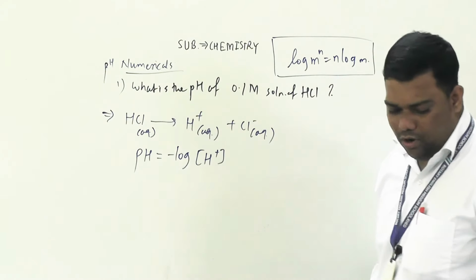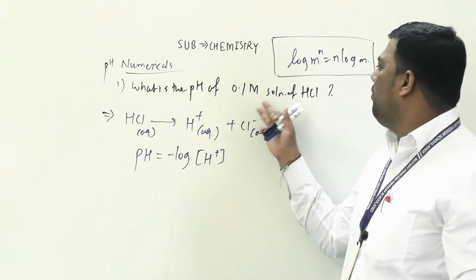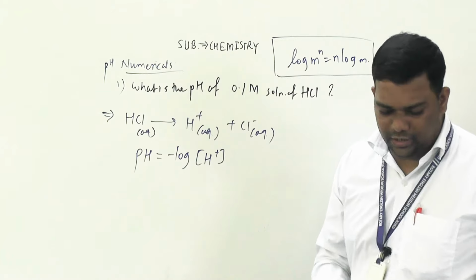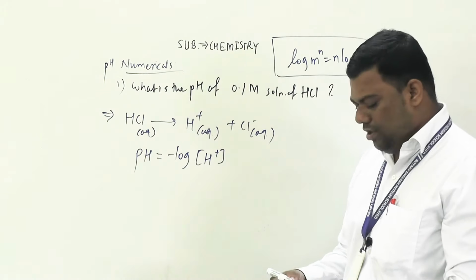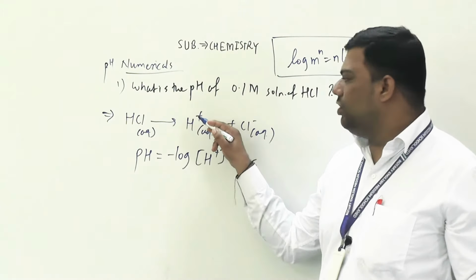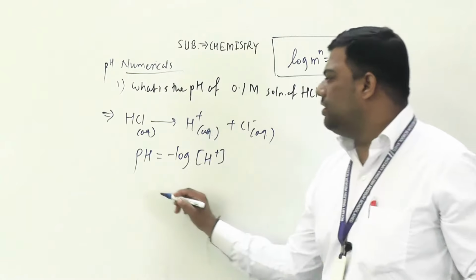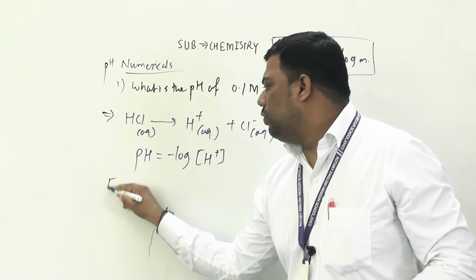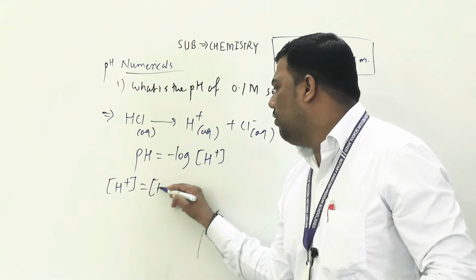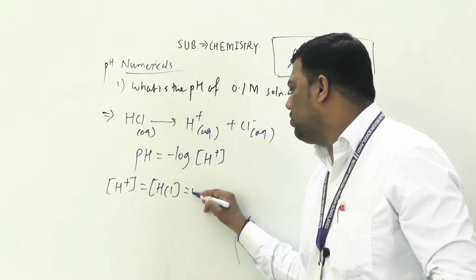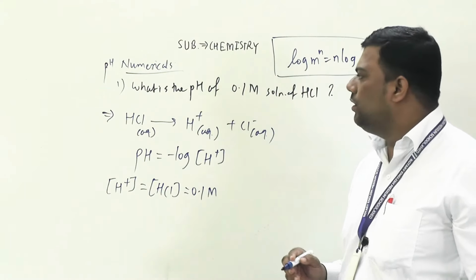On the basis of this, we have to find the pH of 0.1 molar solution of HCl. Because of HCl, the concentration of H plus is equal to the HCl concentration, which is also 0.1 molar. Understood this?